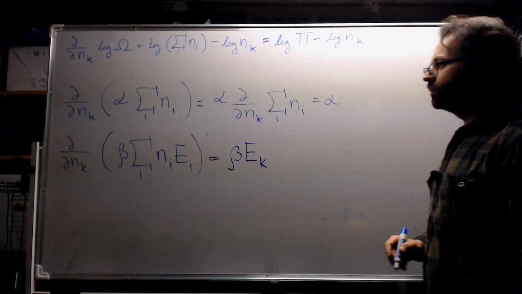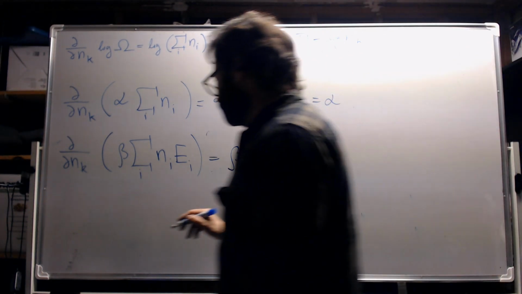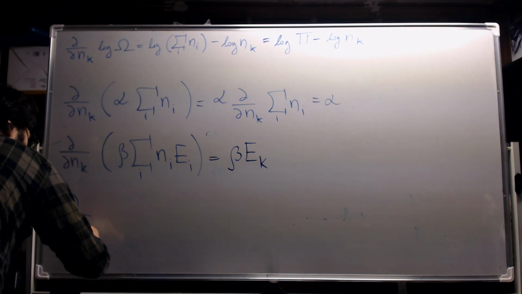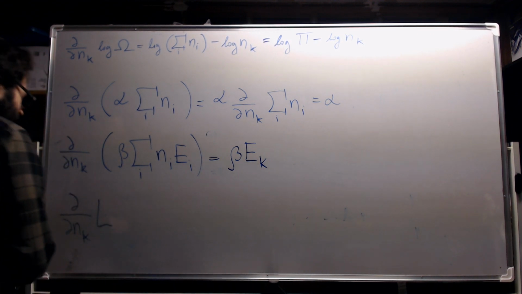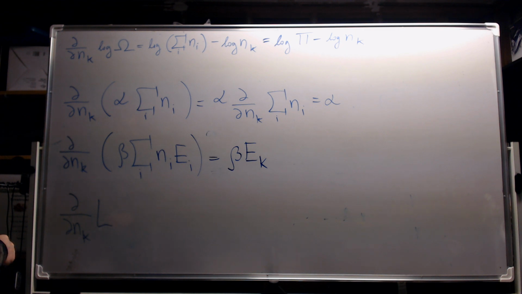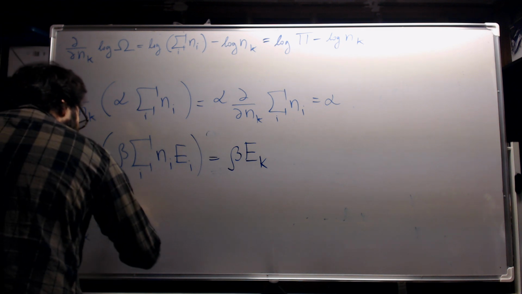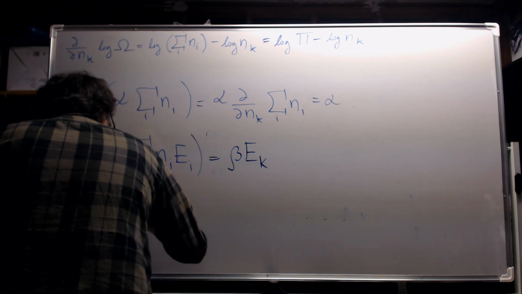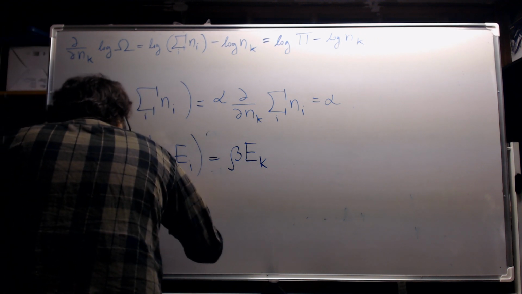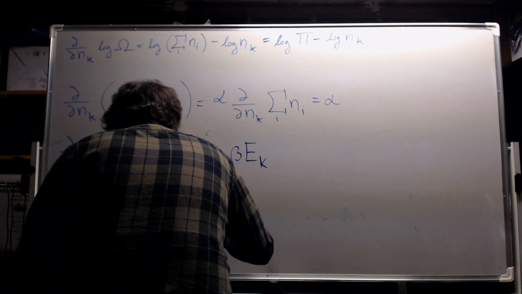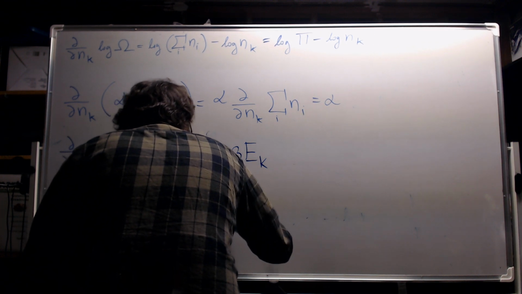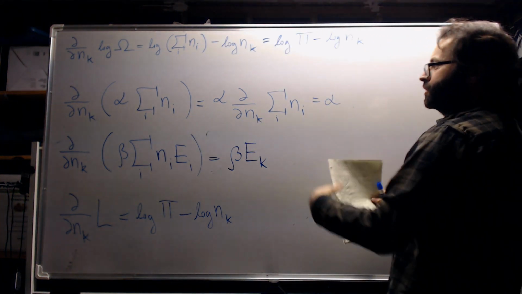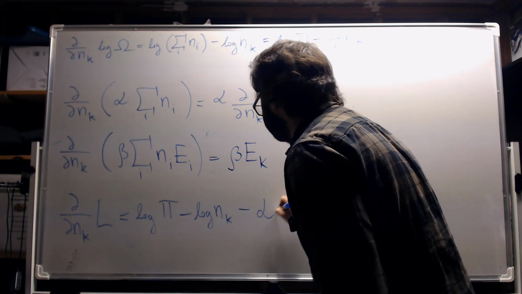And so if we put all of this together, the derivative with respect to n_k of the Lagrange function that we were finding the unconstrained maximum of is going to look like the bit from the log omega, which is log pi minus log n_k, minus the derivative of the first constraint, minus alpha.